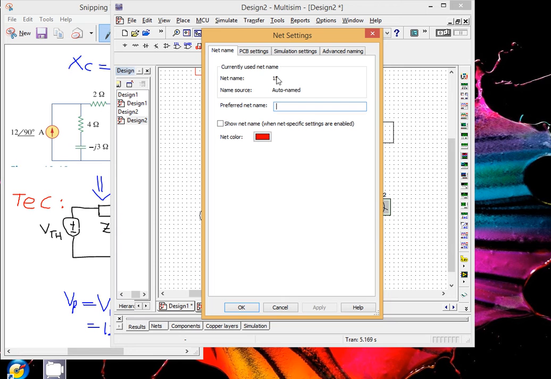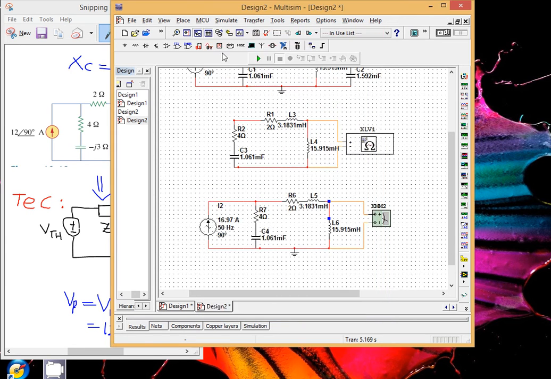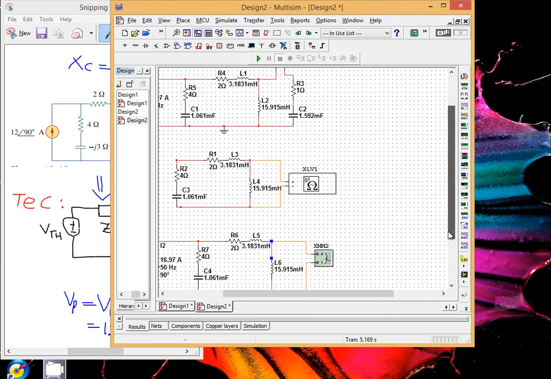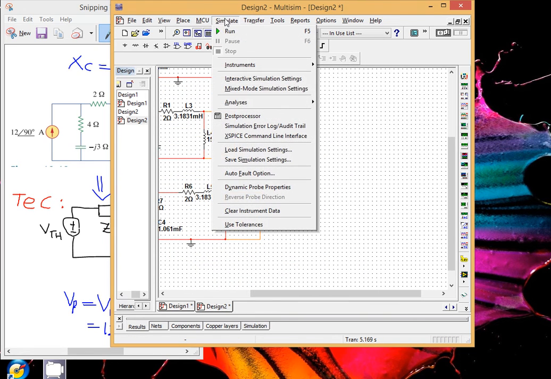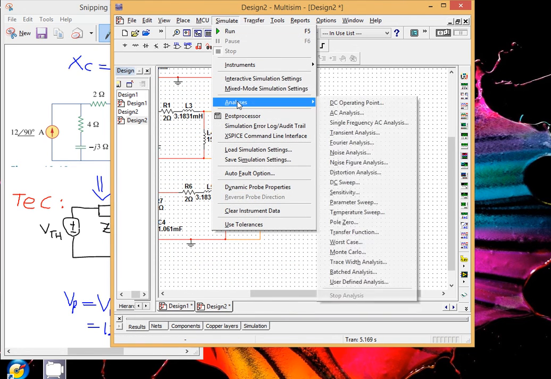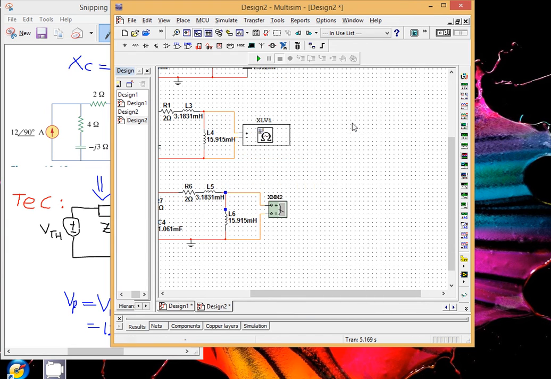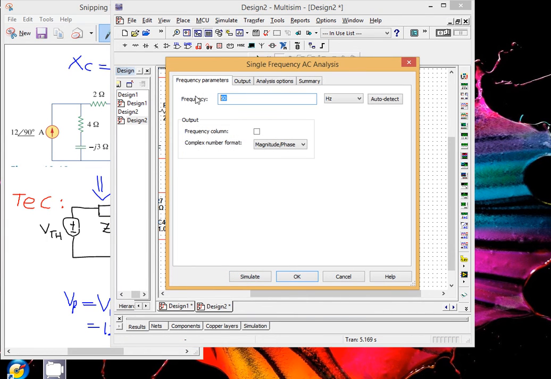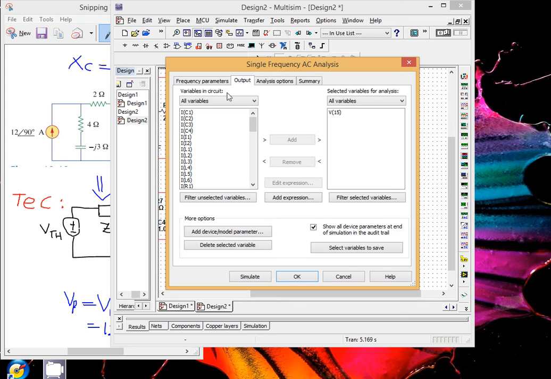So you have to memorize this. Net name is 15. Then click on simulate, analysis and single frequency AC analysis. So you have to change this frequency to 50, and then you need to determine in magnitude and phase, and then click on output.